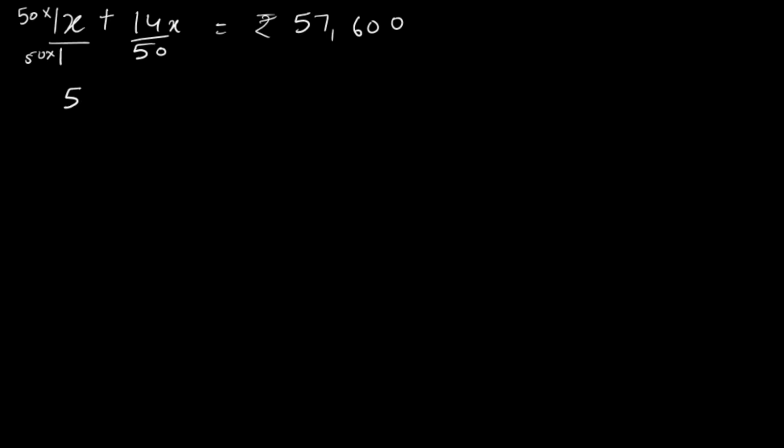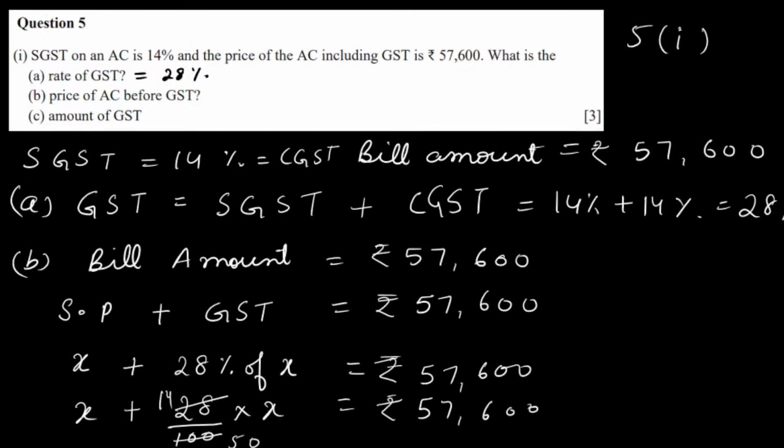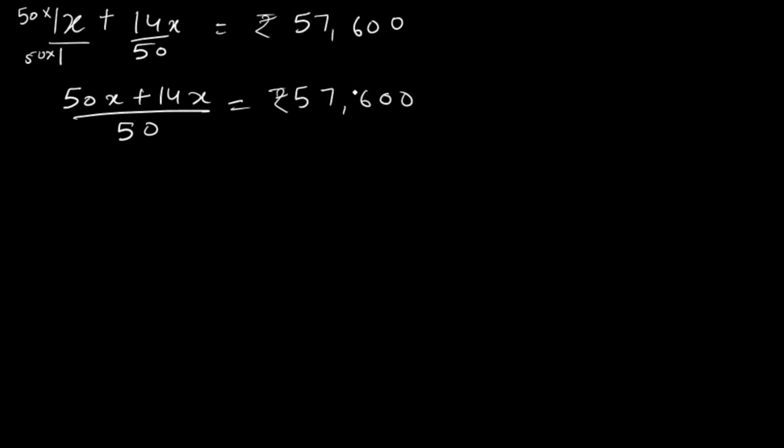So 50 into 1 is 50. So 50X plus 14X by 50 is equal to 57,600. Now 50 plus 14, we can add like terms, this is 64.